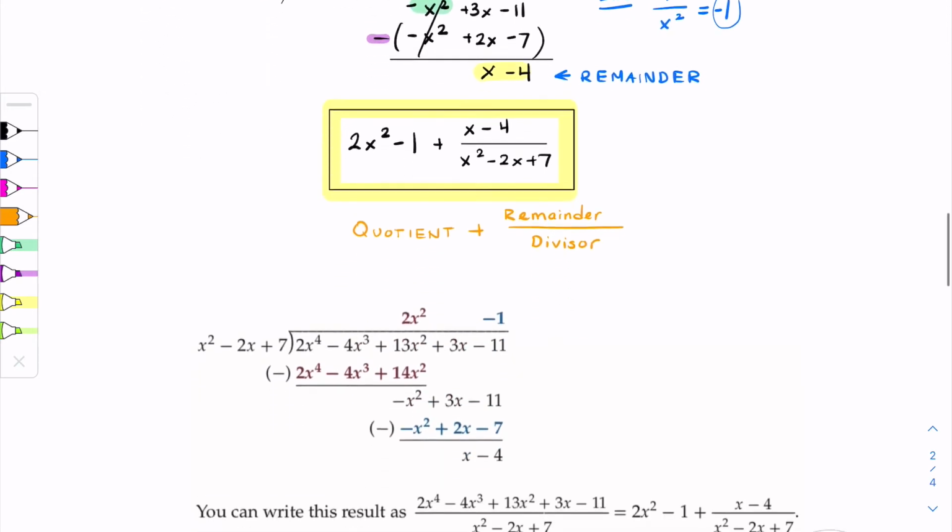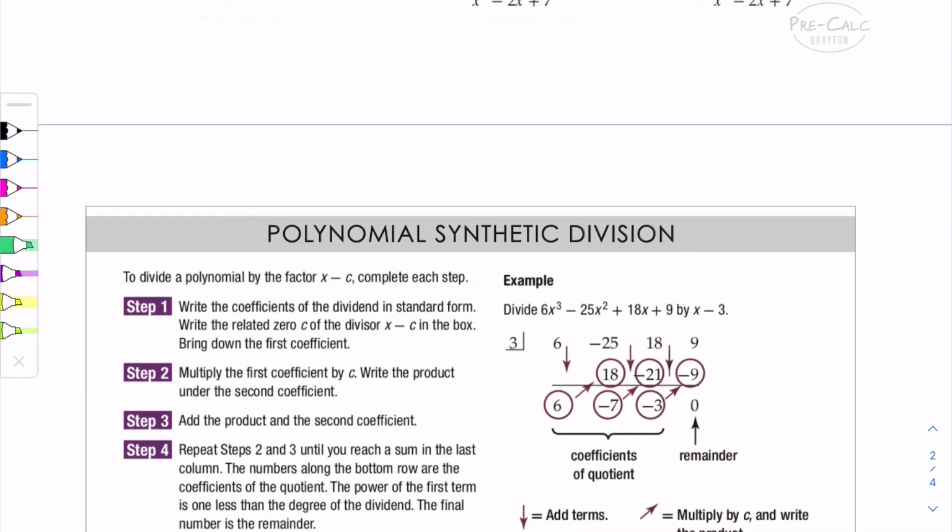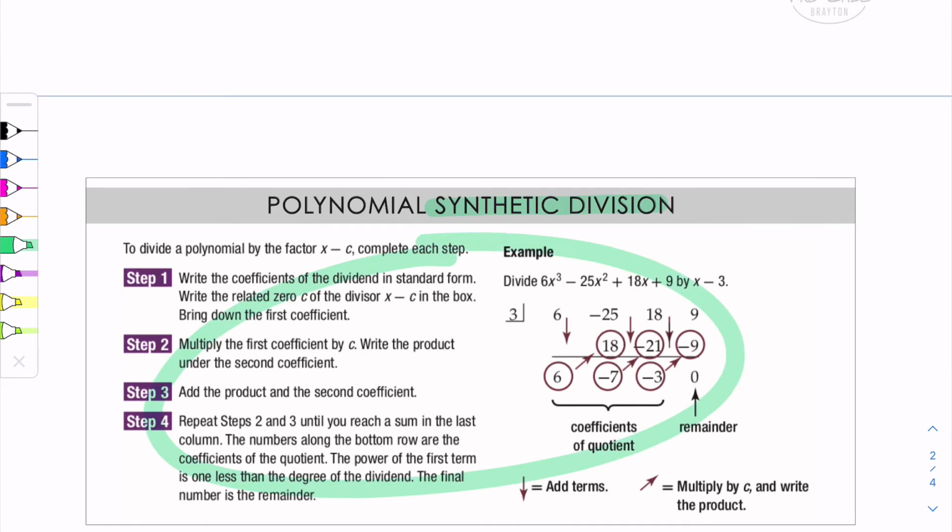Okay, scrolling down to the next type of division, which is called polynomial synthetic division. In this box, you can see I typed out the steps for you, so you can follow along there if you would like to. I'm going to jump down to the first example and explain it as I go.